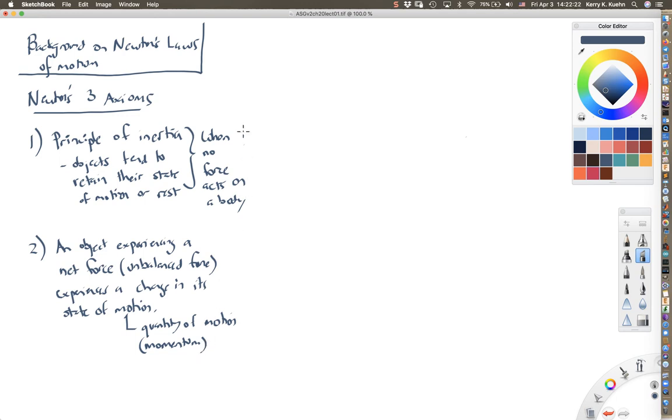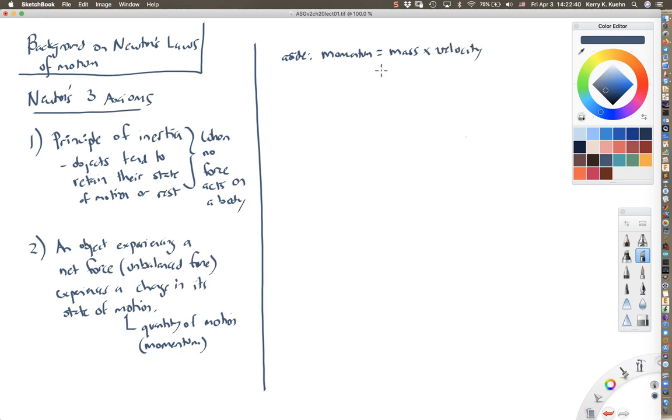So let me mention really quick how we define momentum. So this is an aside. An object's momentum is equal to its mass times its velocity.